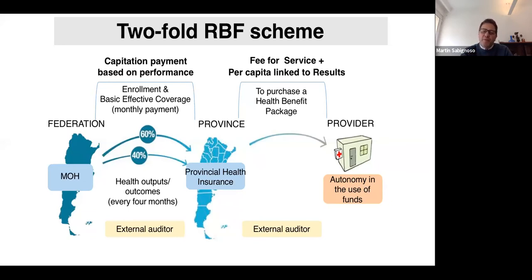The remaining 40% of this per capita payment is linked to the achievement of health outputs and outcomes, which are measured every 4-month period.